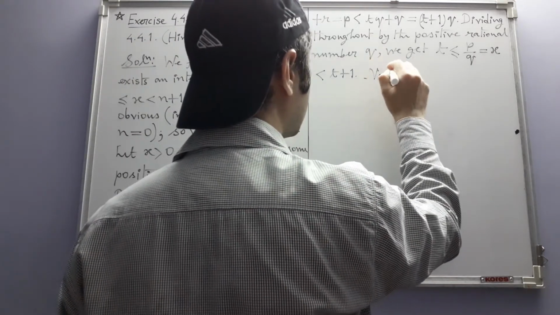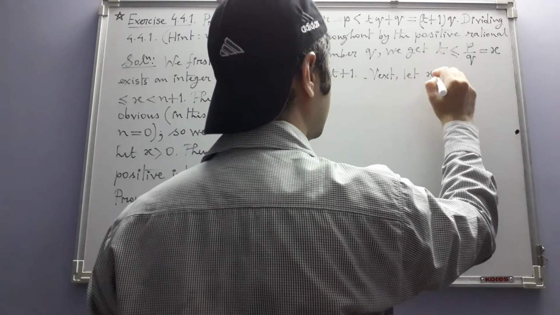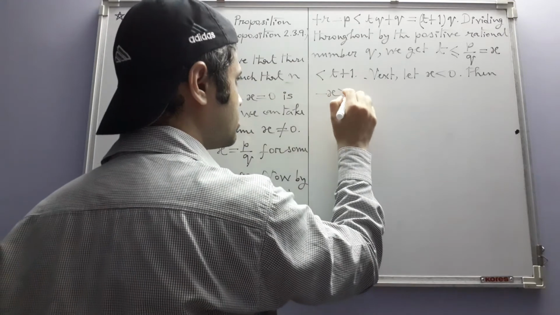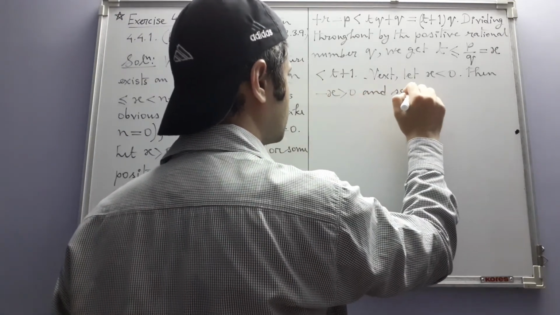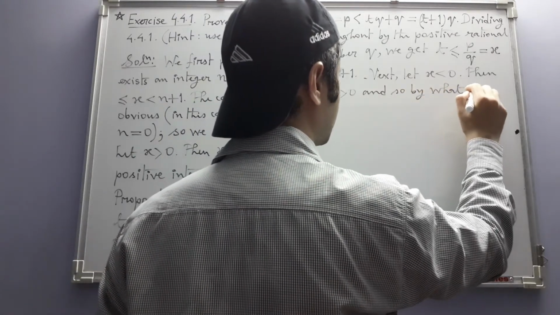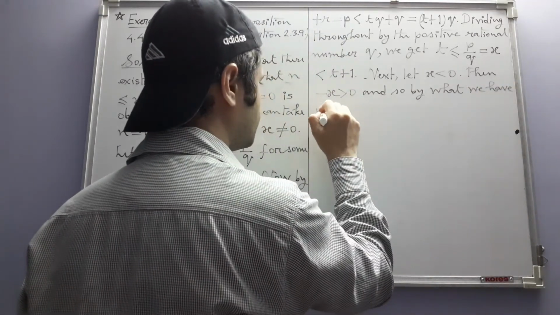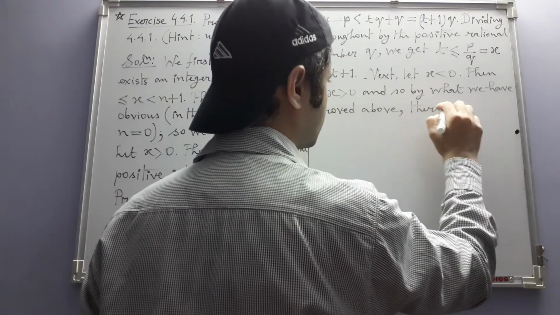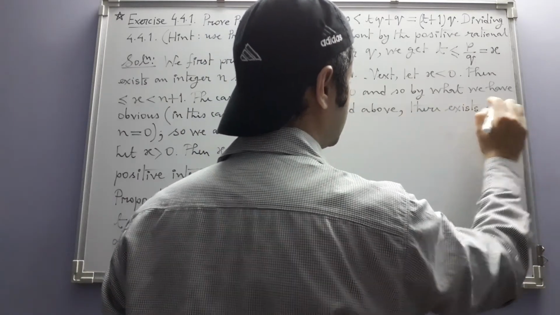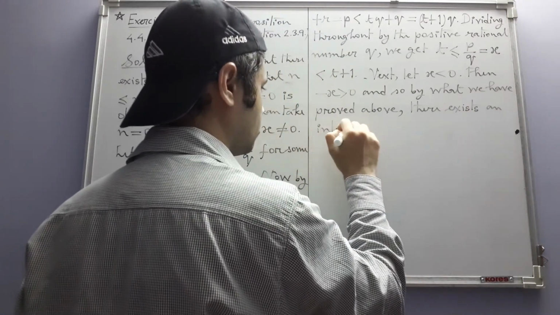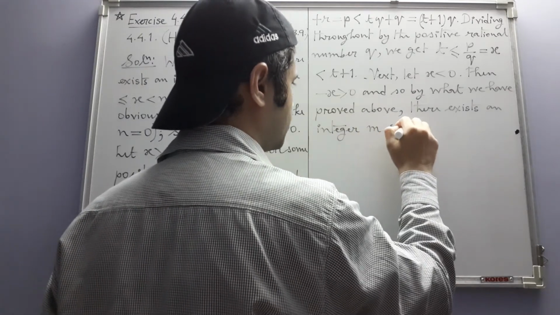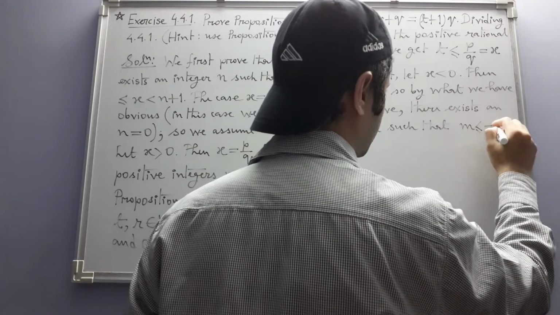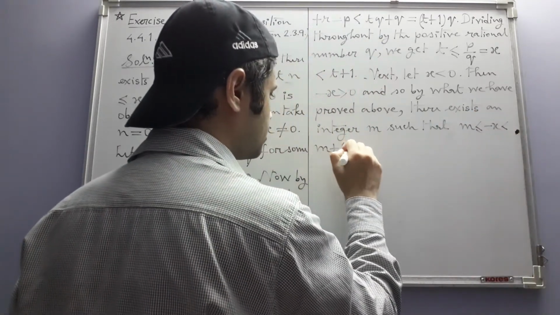Next, let x be less than 0, then minus x is greater than 0, and so by what we have proved above, there exists an integer m such that m is less than or equal to minus x, which is less than m plus 1.